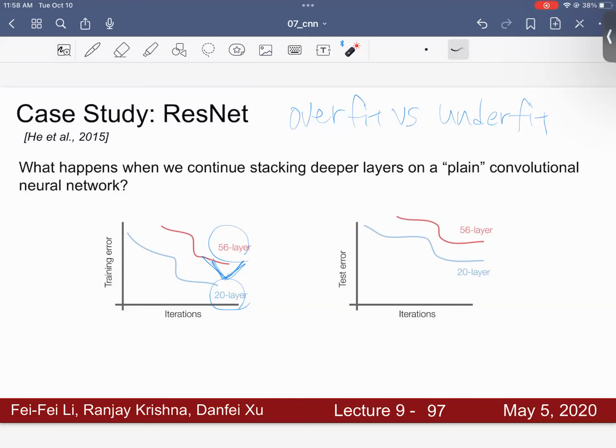Vanishing gradient and exploding gradient are kind of a detail. The core intuition is that it's just harder to train. That's why before ResNet, people were only able to stack up 17, 19, maybe 20 layers using ReLU, because ReLU was another thing that enabled us to use larger models.